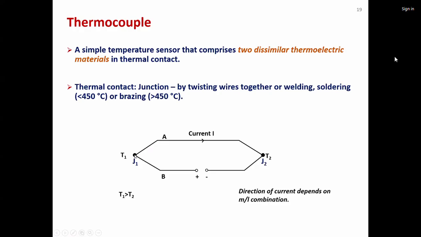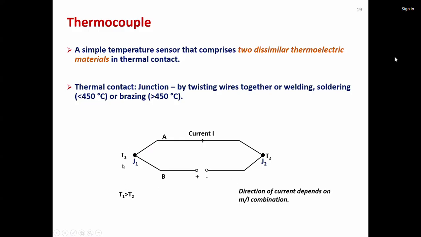So when you maintain these two junctions at two different temperatures, typically one of them is at some reference temperature. Most widely, you use the reference temperature as the ice point temperature. Sometimes you use the ambient temperature. This reference junction is mostly used as the cold junction. And the other junction, which is in contact with the surface or the environment whose temperature you want to measure, is typically known as the hot junction.